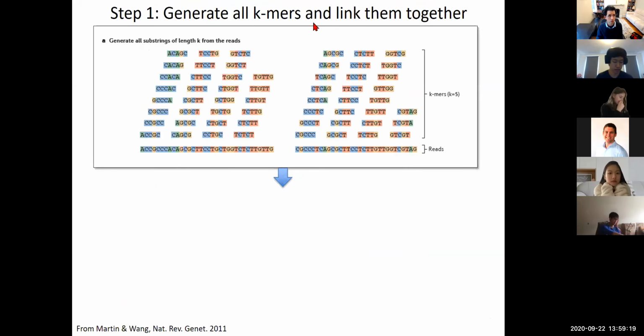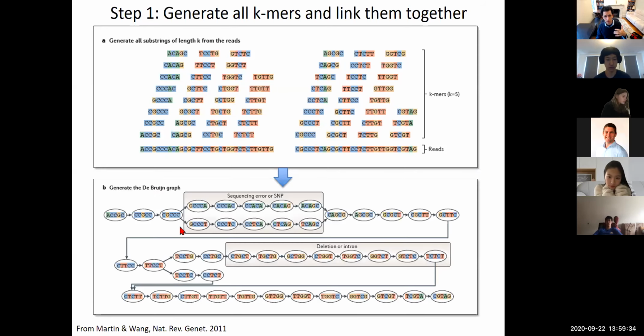So the idea of these assemble first, align later methods is that you can generate a local genome assembly of all of your reads in the De Bruijn graph, which is a graph of consecutive k-mers that are different by one shift down the line.